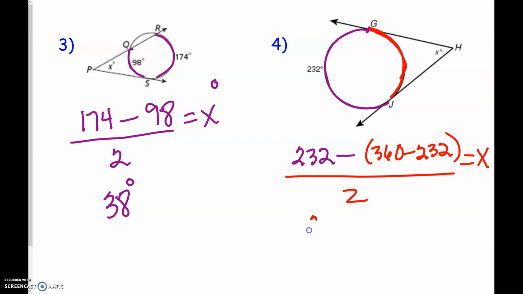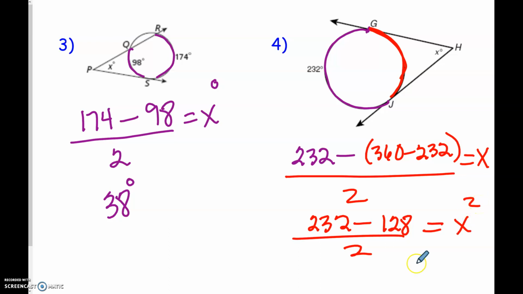So we've got 232 minus, and 360 minus 232, if I did my math right, is 128, divided by 2. And I think finally I get this to be 52 degrees.